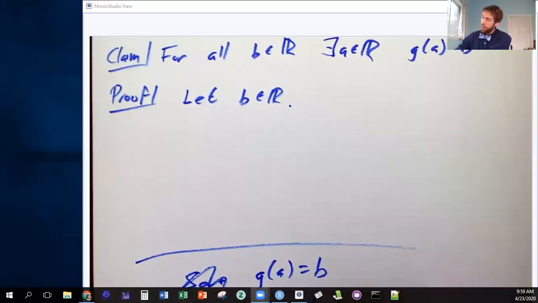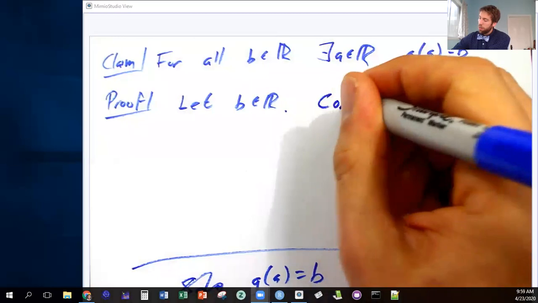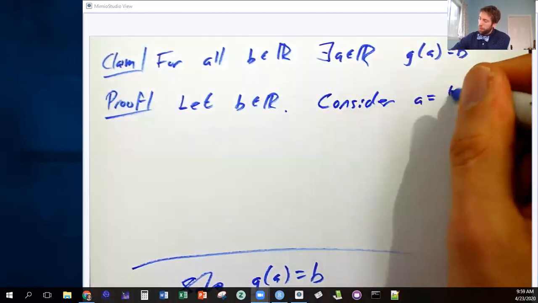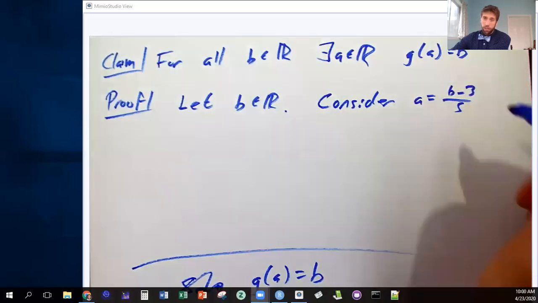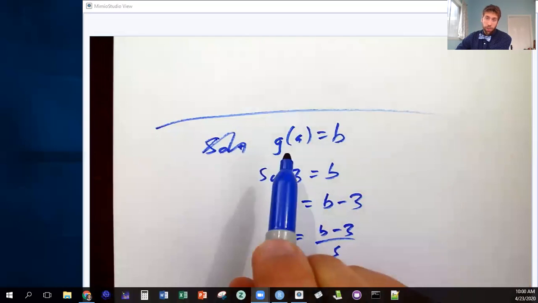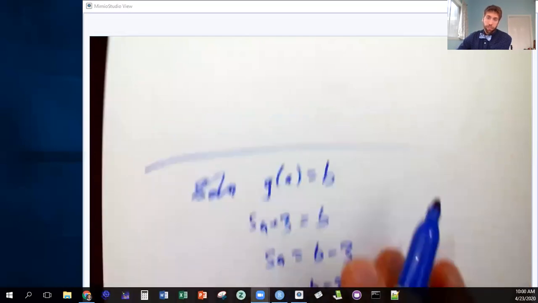So now I say, consider a equals (b minus 3) over 5. You might wonder how I got that: from my scratch work, starting with g of a equals b and solving for a.